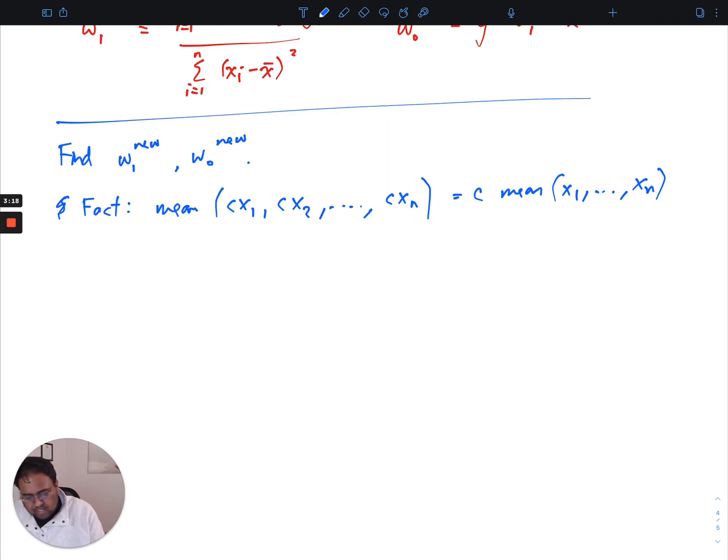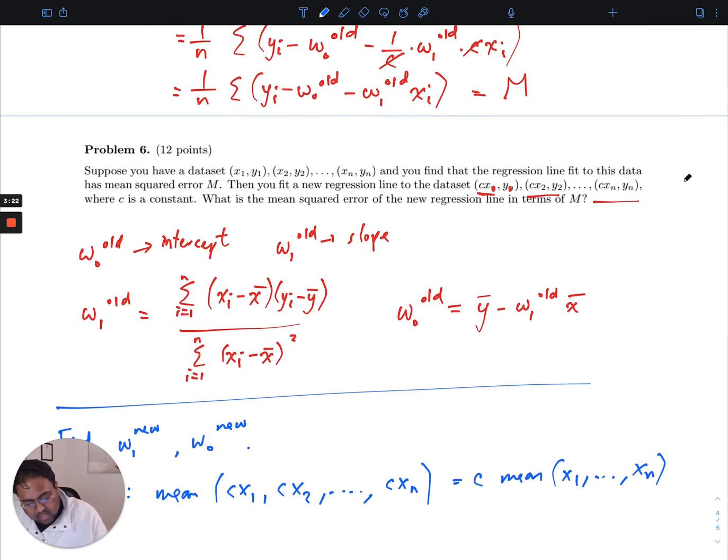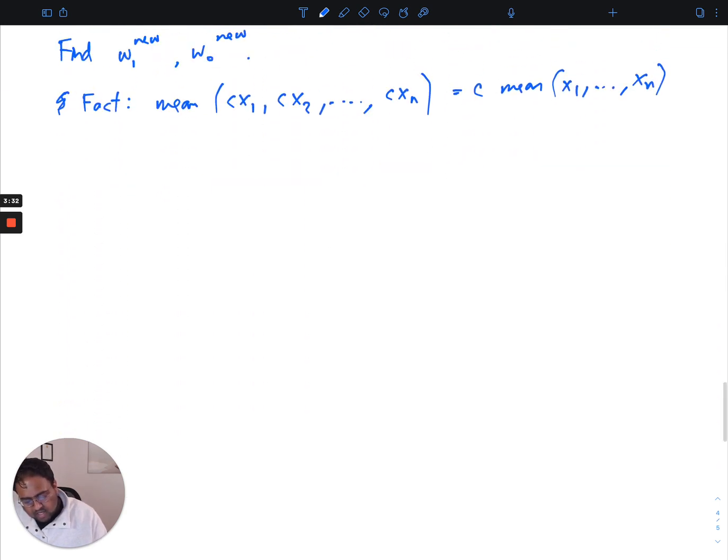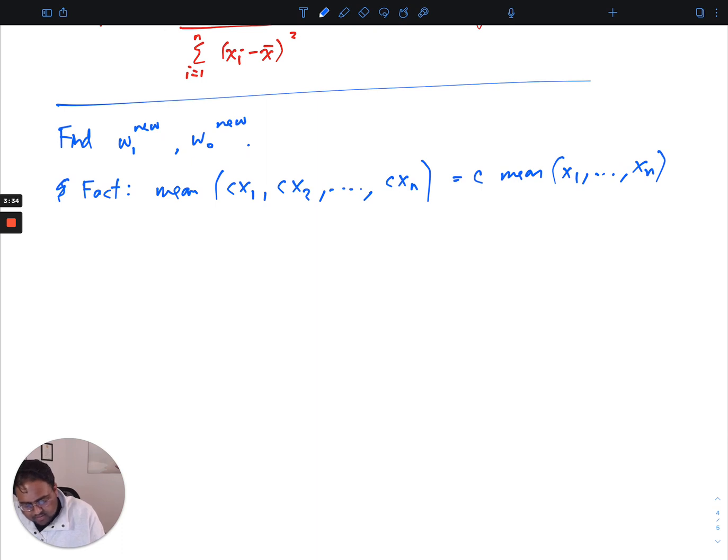So what this means is that the mean of our new data set's x values, cx1, cx2, on and so forth, cxn, is just whatever the old x mean was, x bar, multiplied by c. So I can write this as, c x bar is equal to c times x bar.